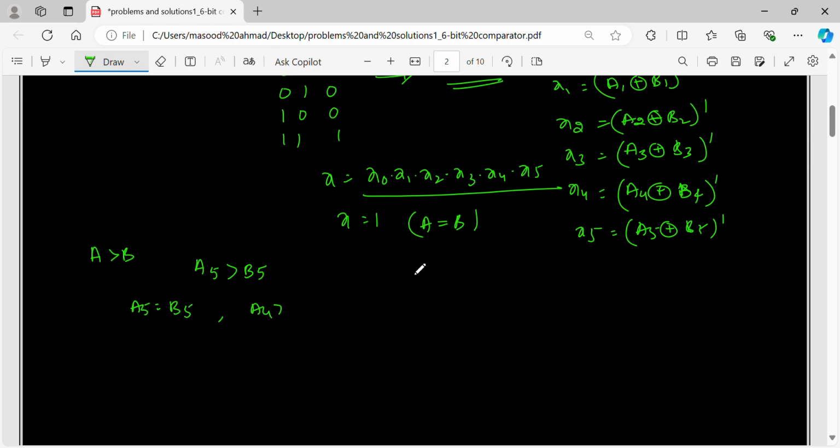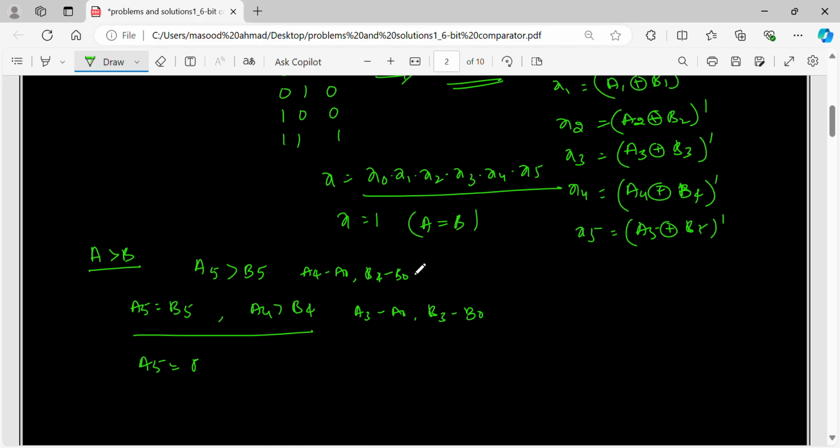If A4 is greater than B4, the rest of the bits do not matter. That is A3 to A0, B3 to B0 do not matter. When A5 equals B5 but A4 is greater than B4, I can say that A is still greater than B.